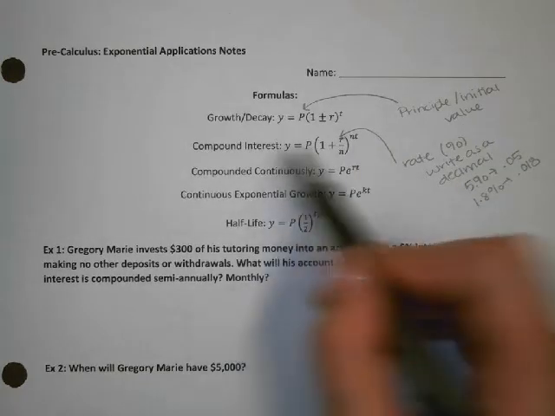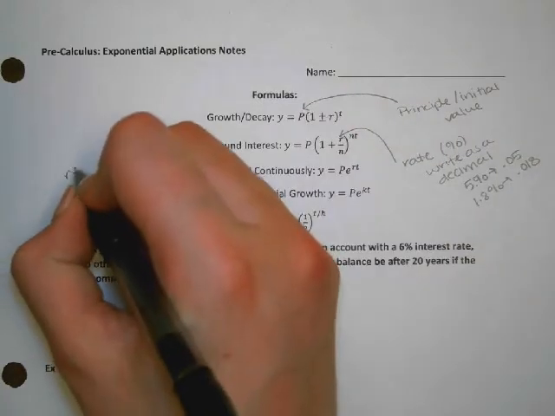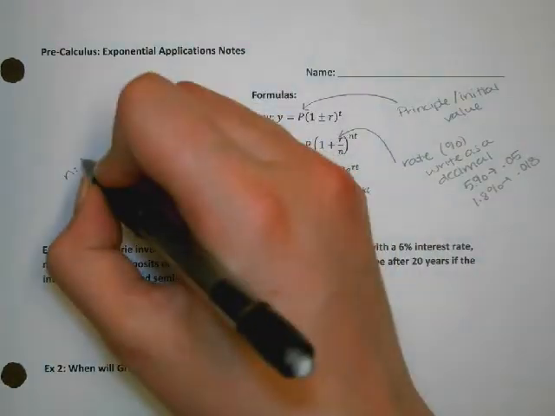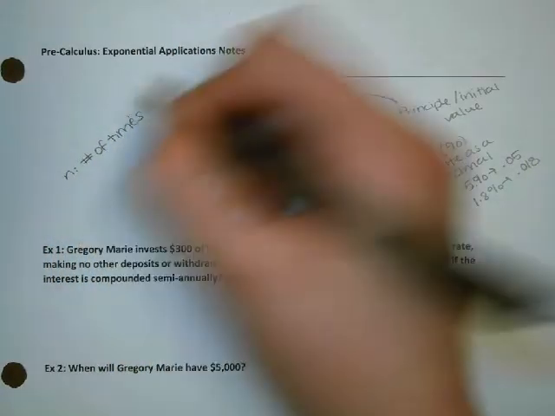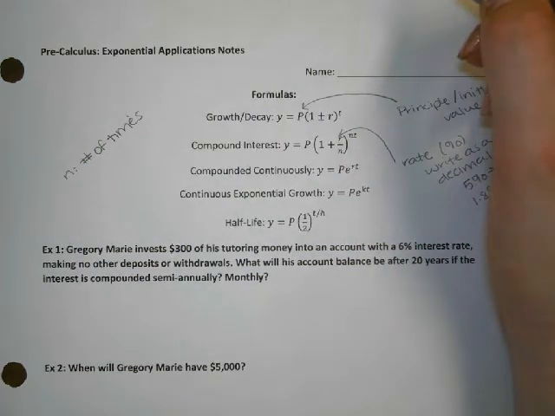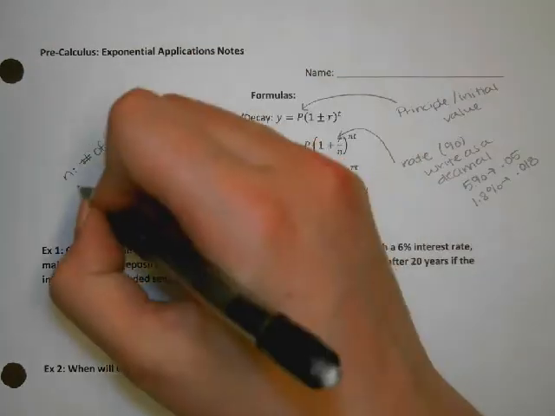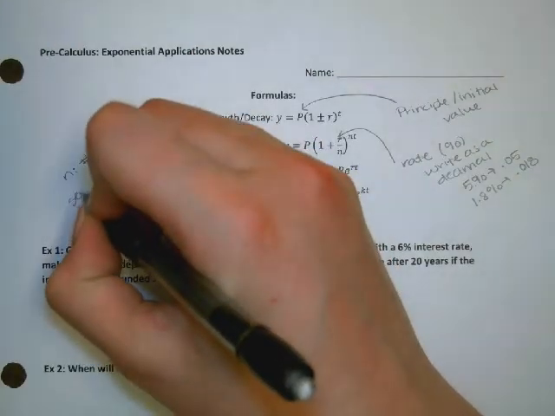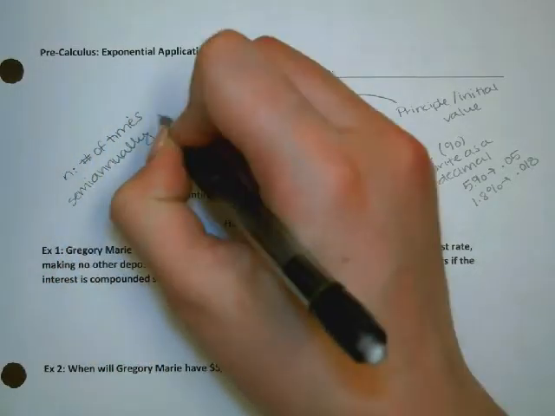One of the problems, compound interest, has the n value in it. The n value represents the number of times per year. And I guess I said per year, technically it's per whatever time period is given in the problem. It is often per year, but it doesn't have to be. So for example, if they said semi-annually, they mean twice a year.